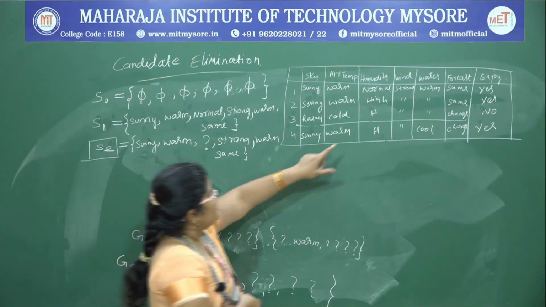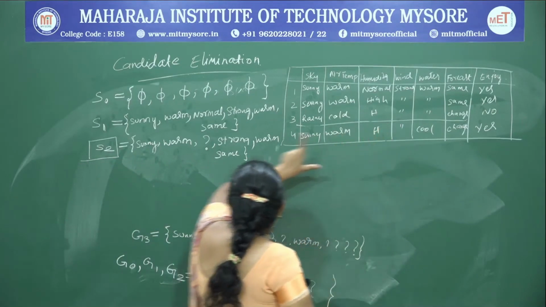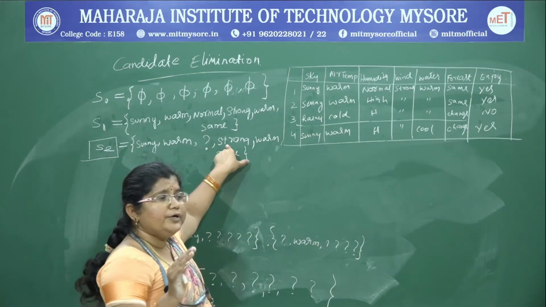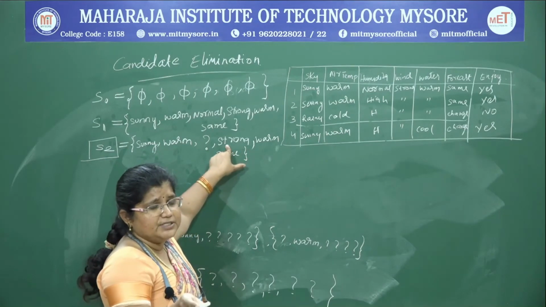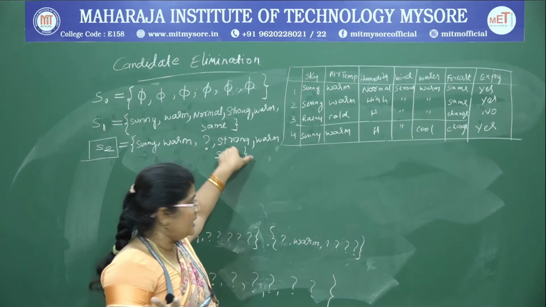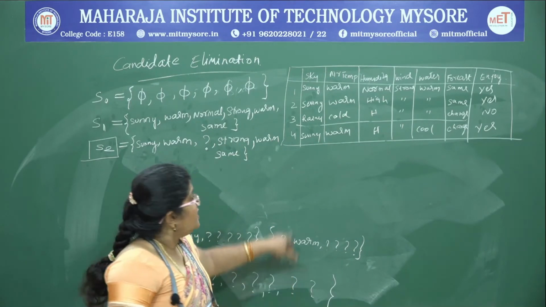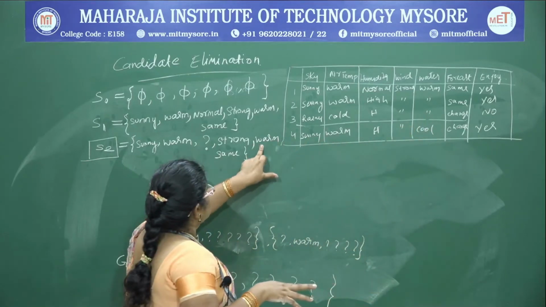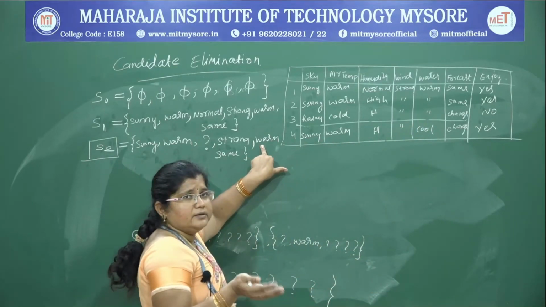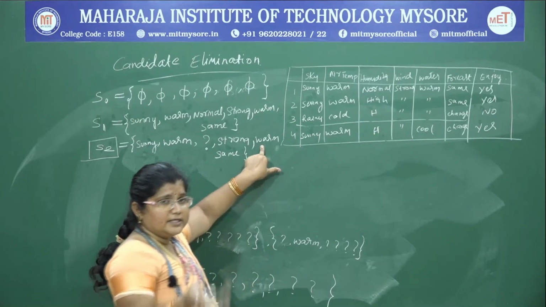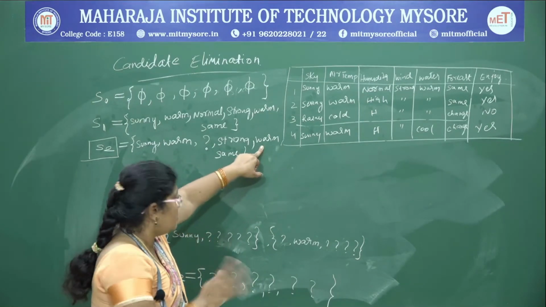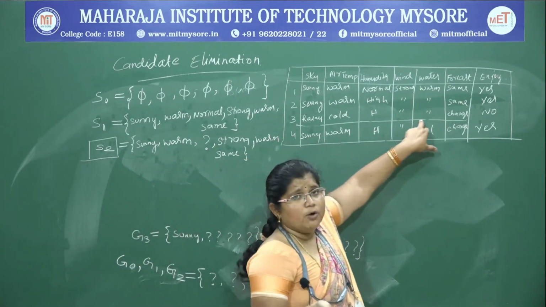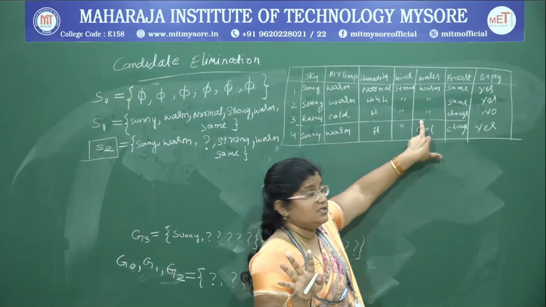Next one is strong. Strong is present and it's matching. It's not going to create any opposite value in this S2, so it is also not required to have a hypothesis. Next one, warm is there. Here also warm. So nowhere to generate the next hypothesis, because warm matches the warm of the negative training example.